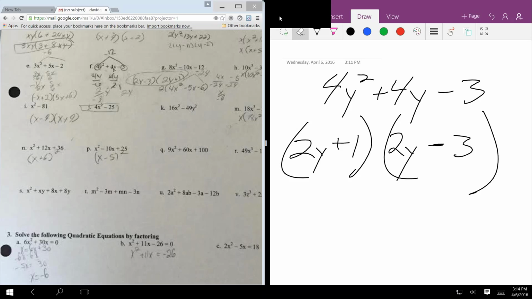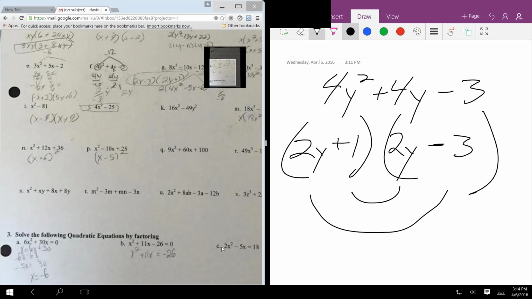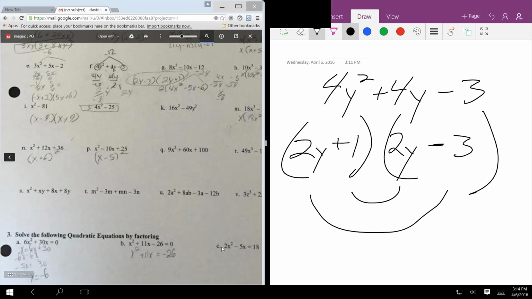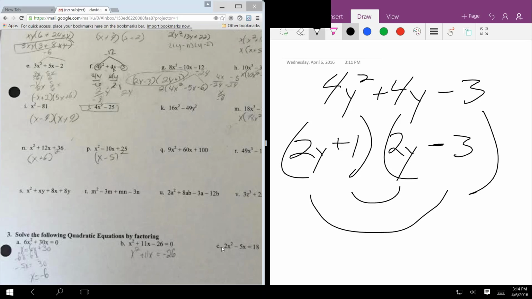Well, what would this produce as a middle term? What do you get when you multiply 1 times 2y? 2y. Plus, the sign is very important. What do you get when you multiply minus 3 times 2y? Negative 6y.